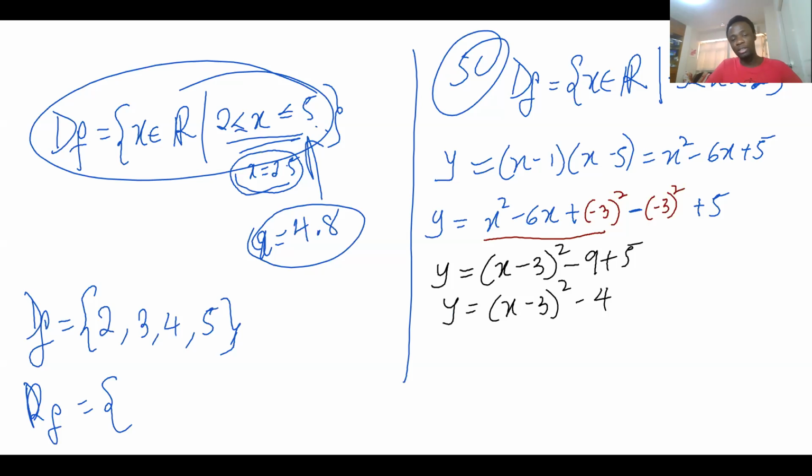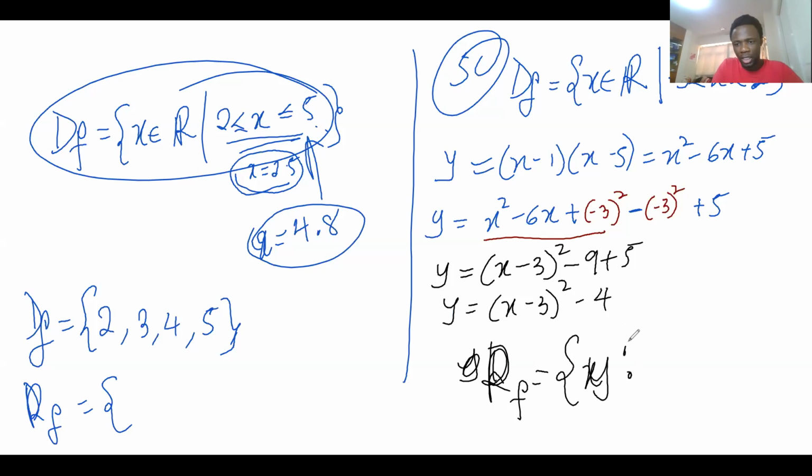Anyway, so you are right. The minimum value is -4, and that's how we can figure that out from this calculation. So the range of f is the set of y such that y is greater than or equal to -4.